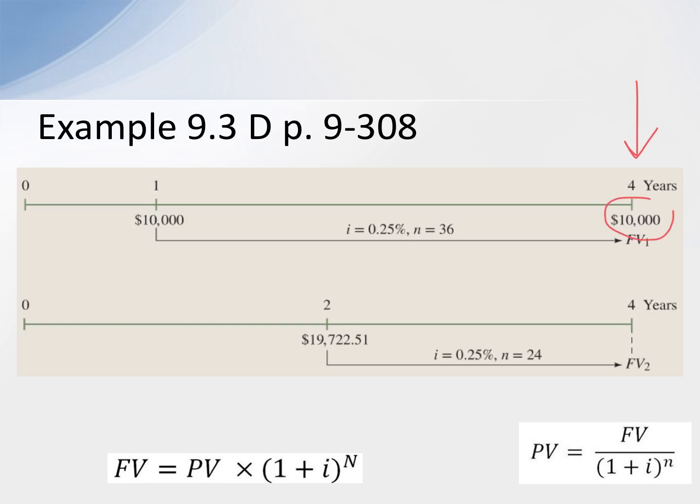We already know that one of the payments was $10,000 at 4 years, and there was a payment of $10,000 at 1 year. We're going to find the equivalent payment of that $10,000 at year 1, 3 years later at year 4.